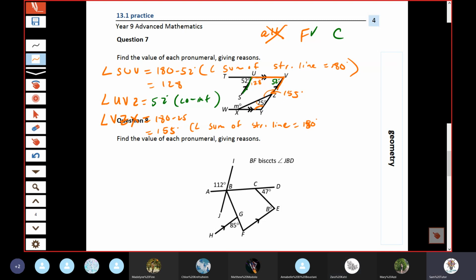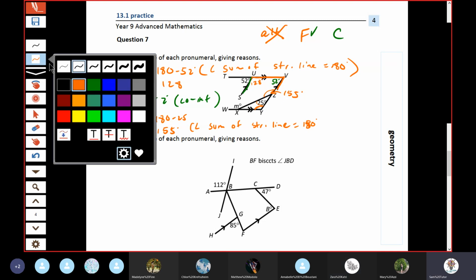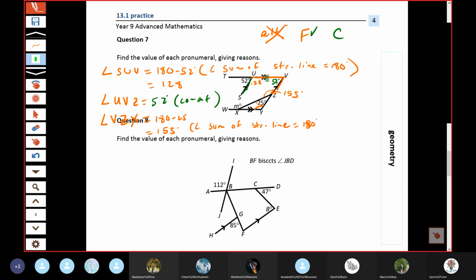Co-interior? Yeah, again, right? Can you look? Let's highlight it. This one with this one. That's co-interior. So if this is 52, this one in here is 180 minus 52, right?